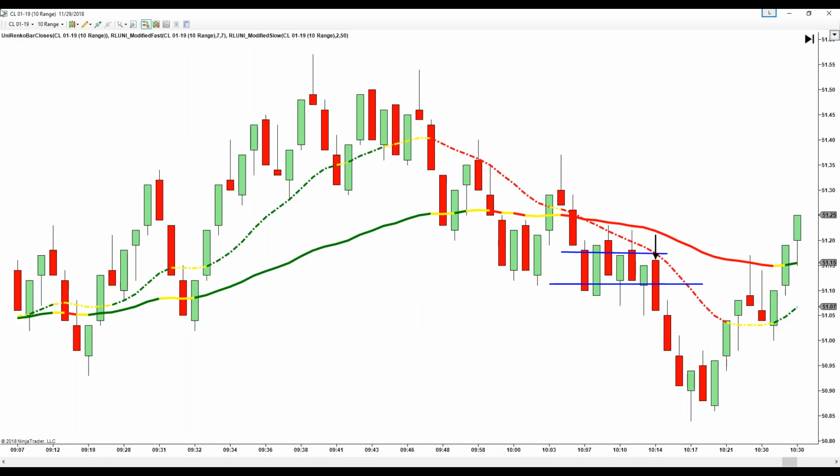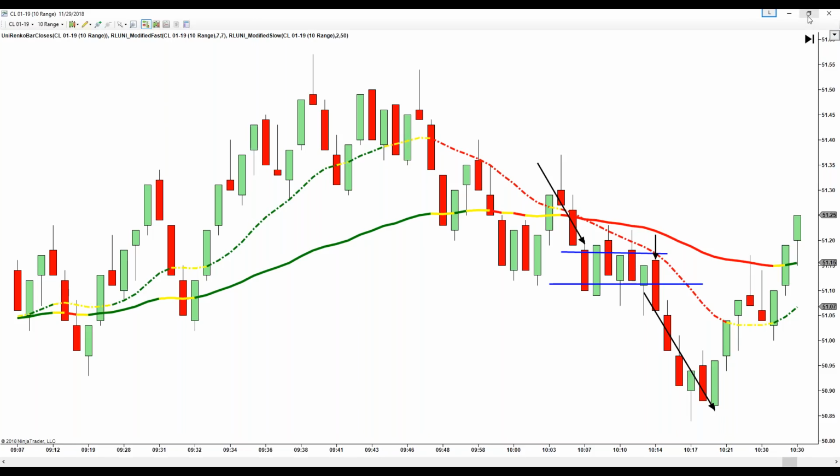Out. Go in. And come out. Just like that. I think the consolidative pattern is still pretty strong.